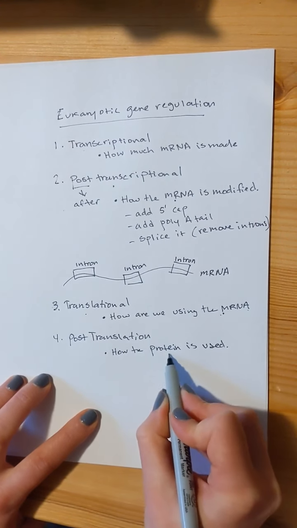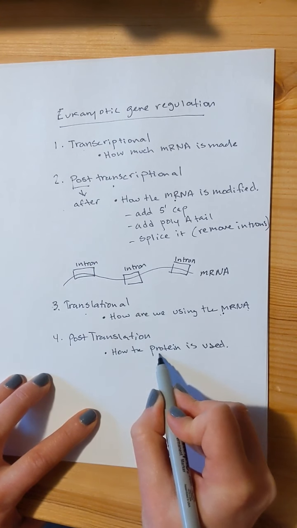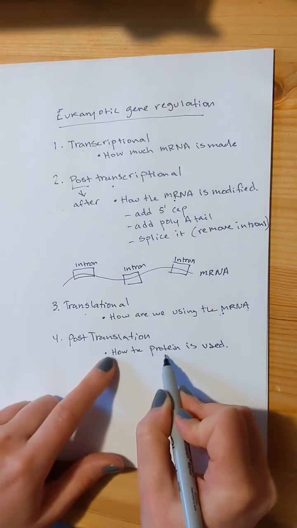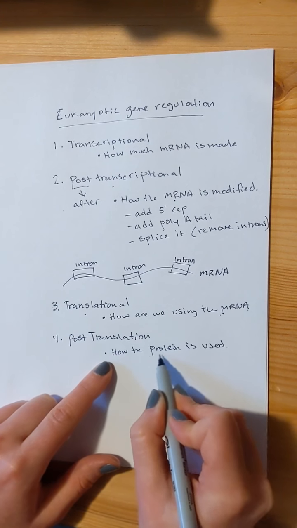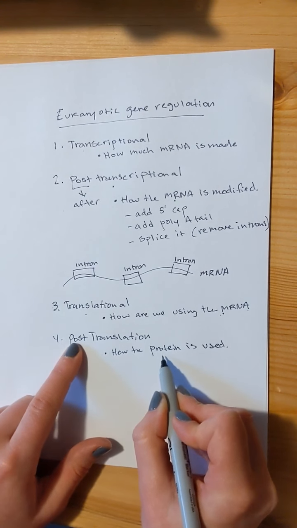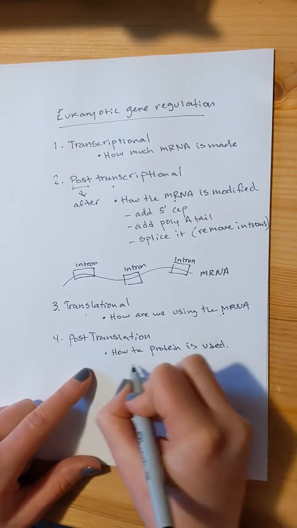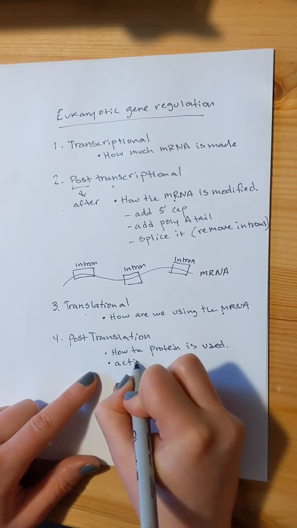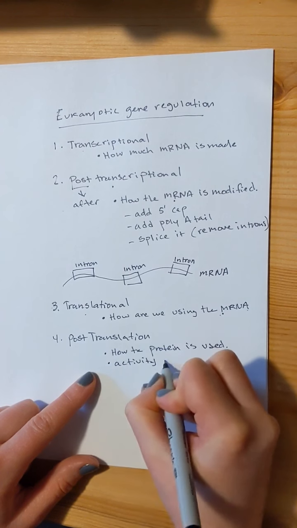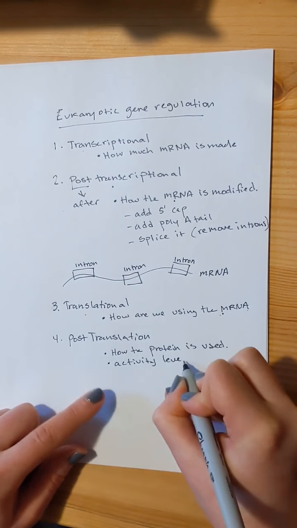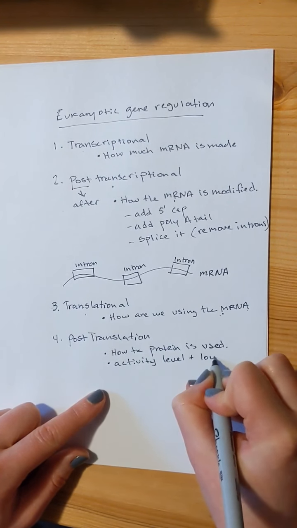We can mark some of our proteins to be short-lived. They can degrade really quickly. So if I want it to be a short-lived gene expression, that would be post-translational. Some proteins are longer-lived, so its activity level is a part of this. And how long it lasts.